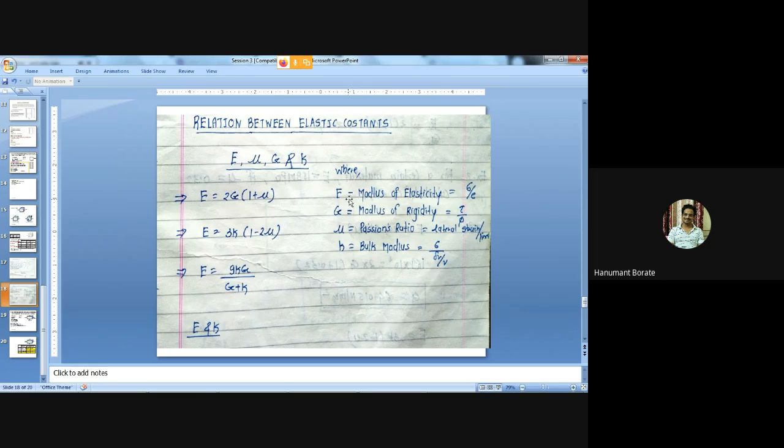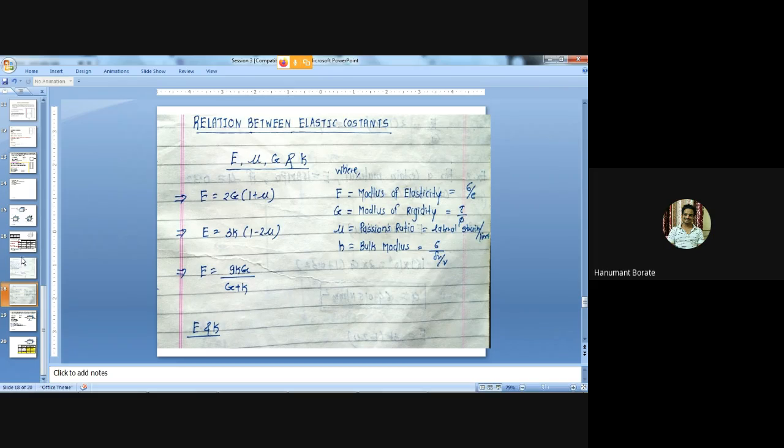And you know E, the modulus of elasticity, is sigma by epsilon. G is the modulus of rigidity, shear stress divided by shear strain, tau by phi, and mu is the Poisson's ratio, lateral strain by linear strain. So you need to remember these formulas: E equal to 2G(1 plus mu), E equal to 3K(1 minus 2mu), and E equal to 9KG divided by (G plus K).